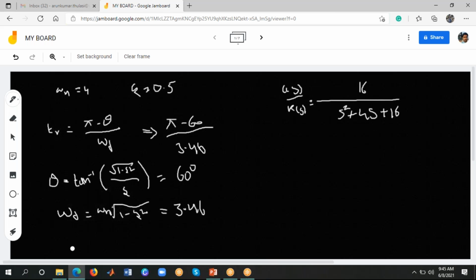Then find this value. Find the right triangle.